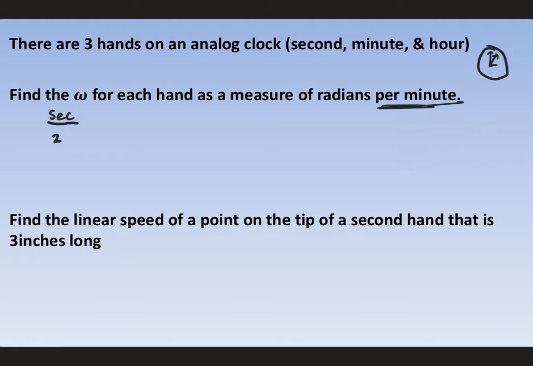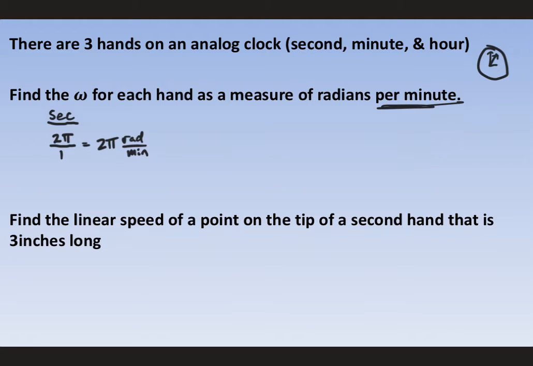One rotation is 2 pi radians, and it does that one rotation every, how long does it take the second hand to go around? It takes 1 minute. The second hand goes around every 1 minute, so we do 2 pi divided by 1, so this is just 2 pi radians per minute. In other words, the second hand does a rotation every 1 minute. It does a full 2 pi every 1 minute, and it repeats and it repeats and it repeats.